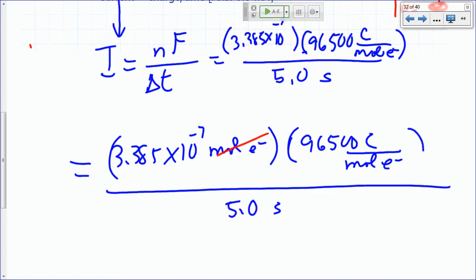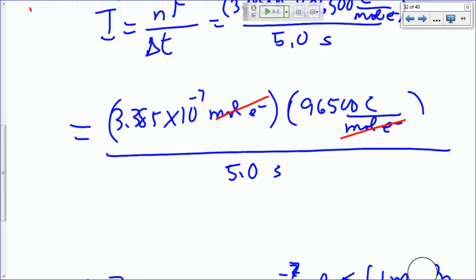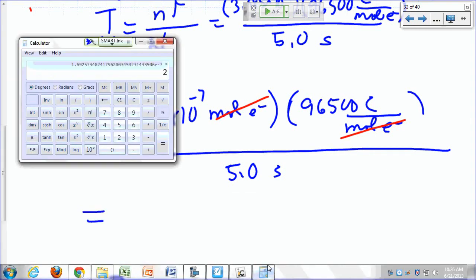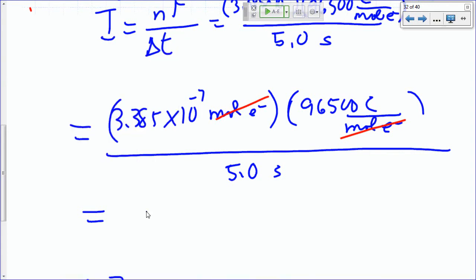Okay, moles of electrons cancel out. That gives you coulombs per second. What would that be? So this was your moles of electrons, times 96,500 divided by 5. That gives you 0.00653.